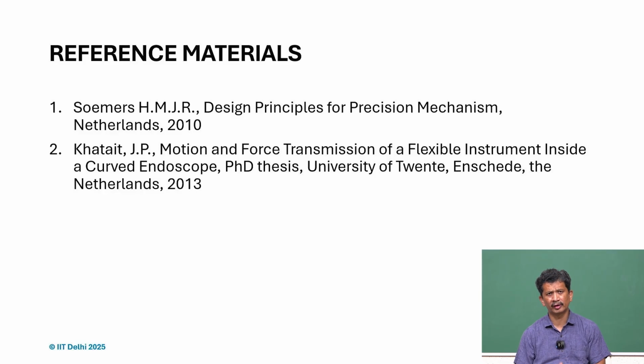What are the design rules? We can always refer to this book, Design Principles for Precision Mechanisms by Professor Summers. The Dutch version is by Professor Koster, and it's widely used in the Netherlands for designing machines for precision applications in the semiconductor industry.